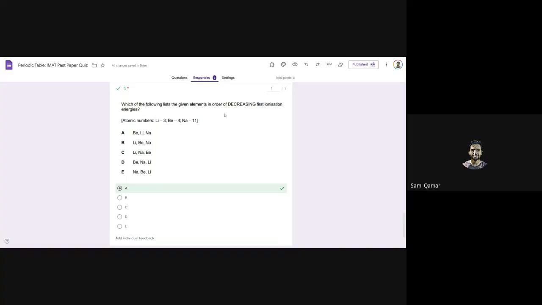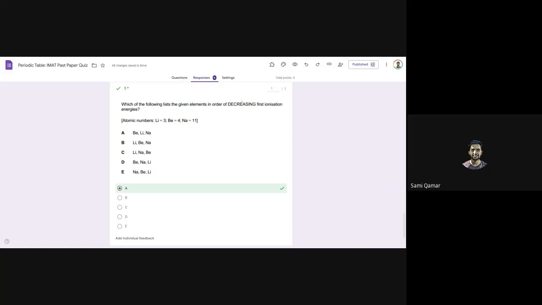Which of the following gives the elements in order of decreasing first ionization energy? So we have beryllium, which belongs to the second period, and then lithium and sodium. Lithium belongs to the second period and sodium belongs to the third, right? We need the decreasing order, not increasing.